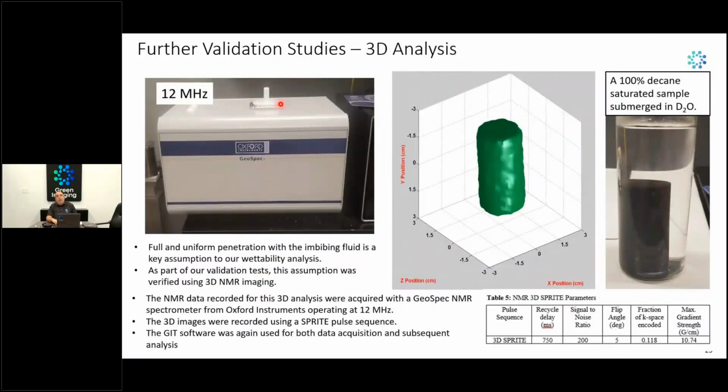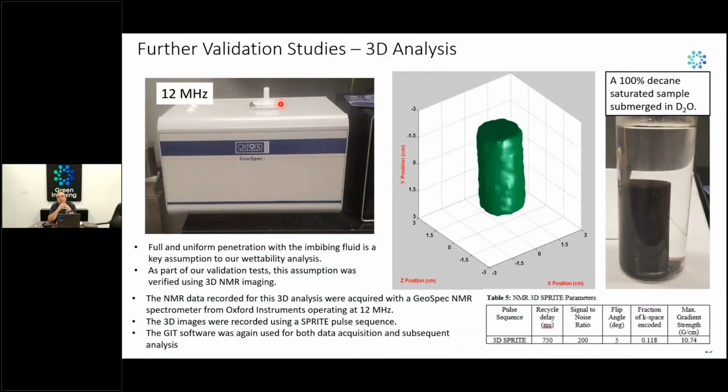Finally, I'm going to talk about our final validation study, which was our 3D analysis. One of the key assumptions to our method is that there is full and uniform penetration of the imbibing fluid into the sample. And so we wanted to confirm this assumption.